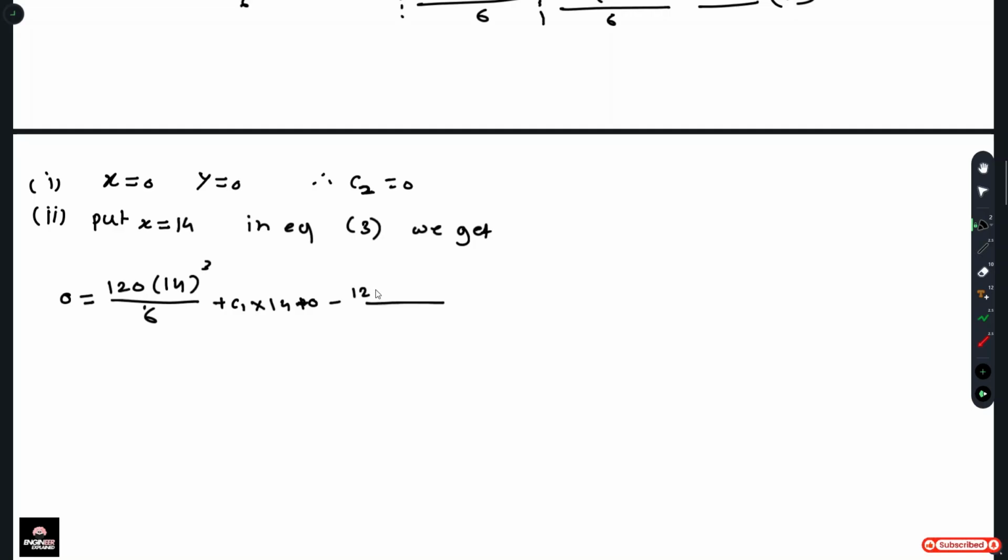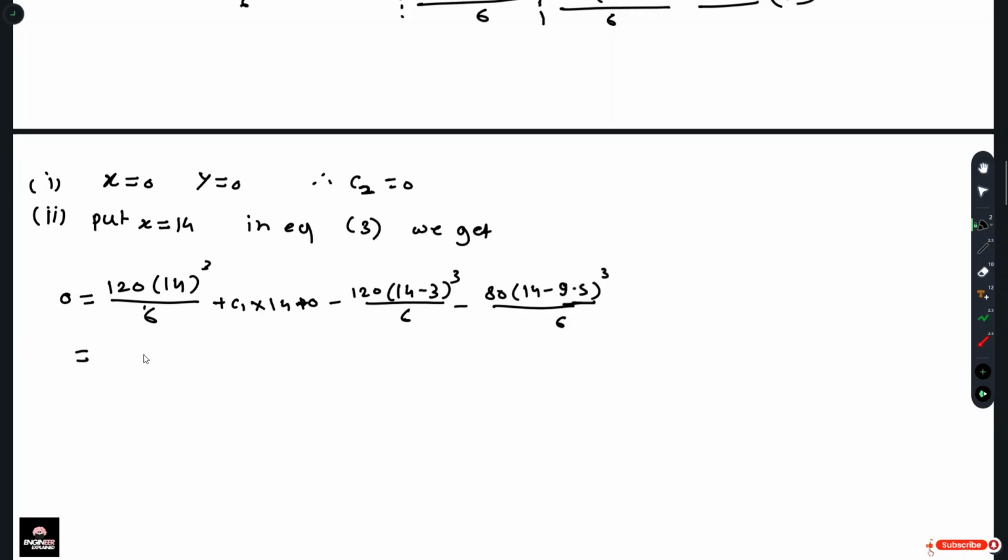minus 120 times 14 minus 3 cube upon 6 minus 80 times 14 minus 9.5 cube upon 6.